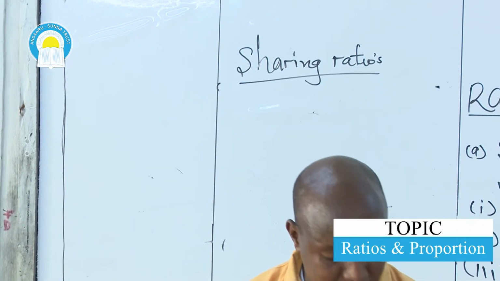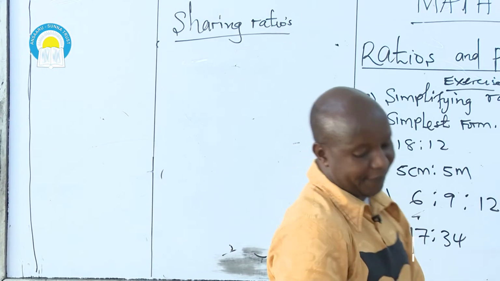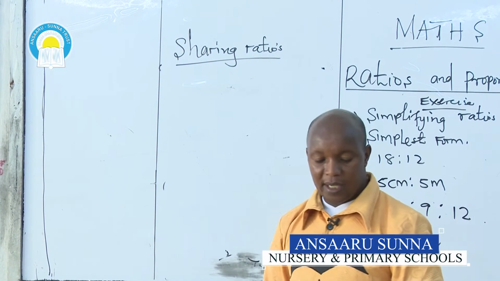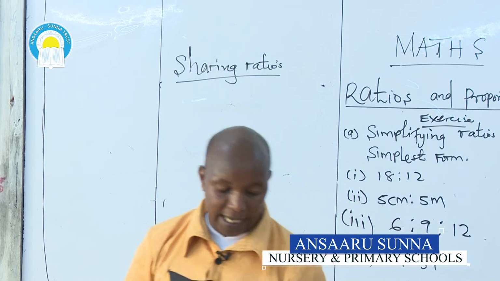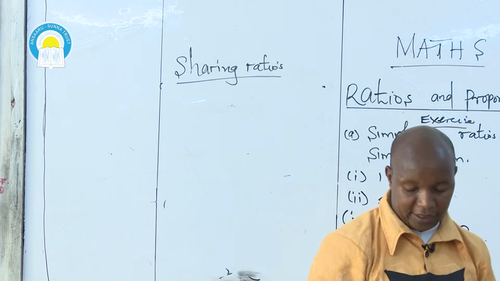You can share ratios. You are given money and you share it in ratio form. This one is very common in our day-to-day life. We share many items using ratios.